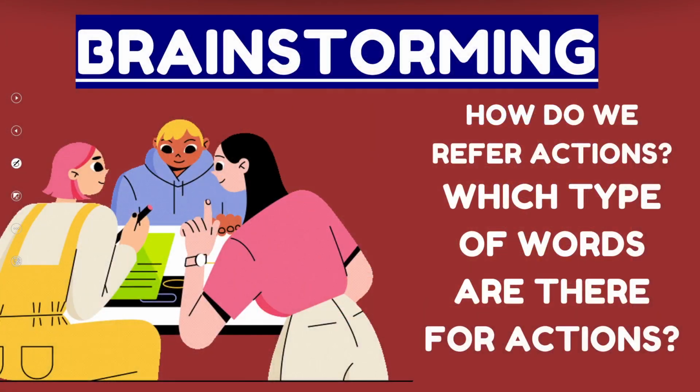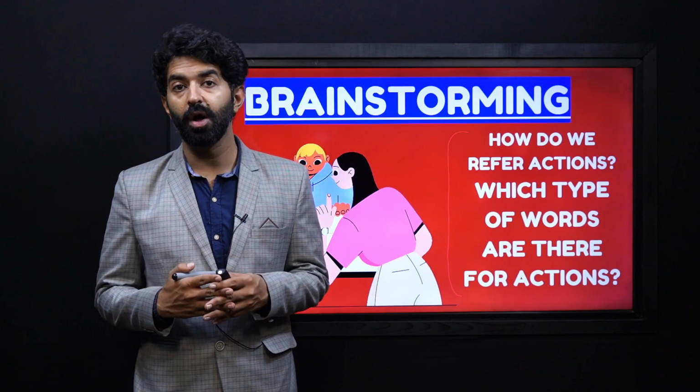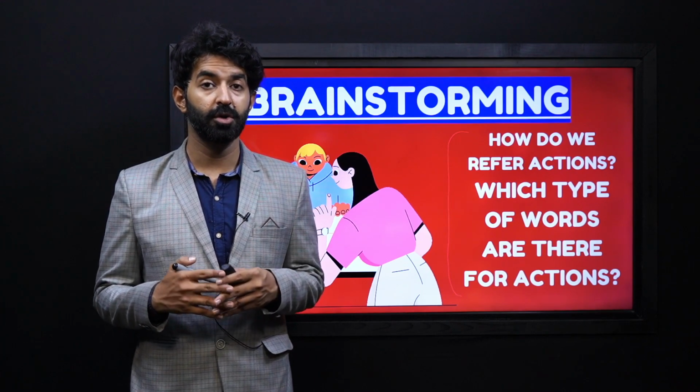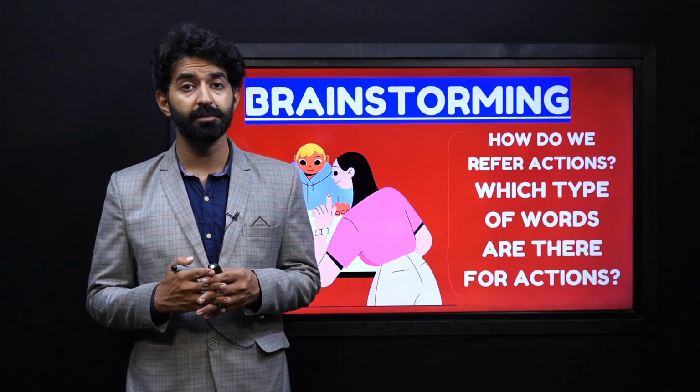And in this one, you need to think about this question: how do we refer to actions, and which type of words are there for actions? Now, if you recall the use of verbs, the definition of a verb, you can easily solve this question.